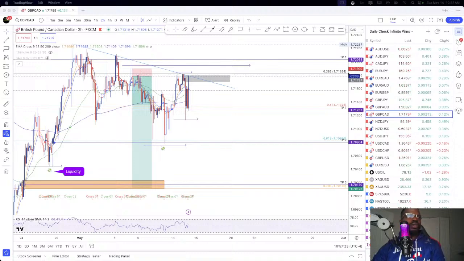It's a lot of liquidity above the highs right here on pound CAD.